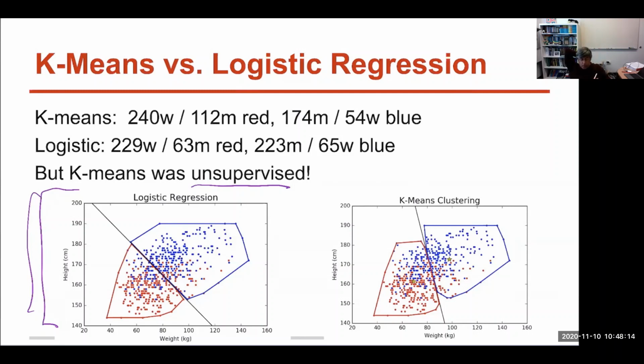In both cases, it turns out that this region was very much enriched for the number of women, the red points, and this one was enriched for the number of blue points. Any questions?